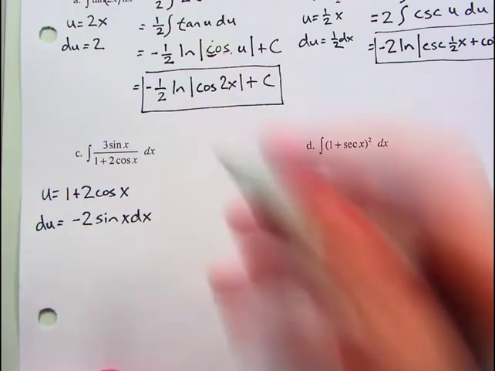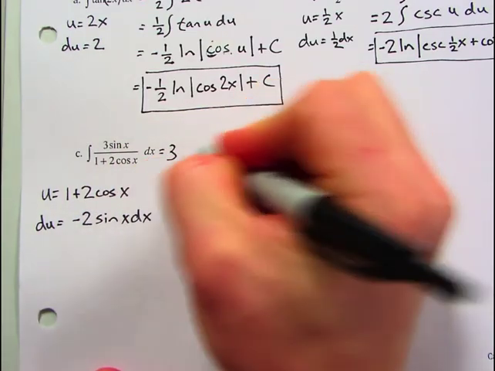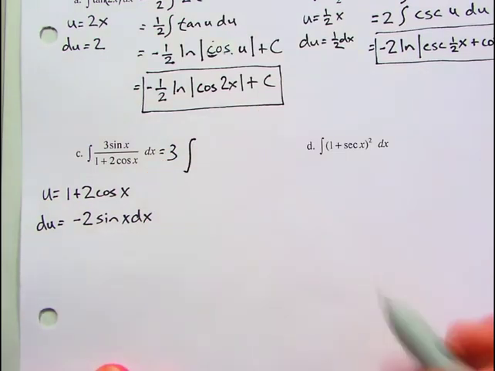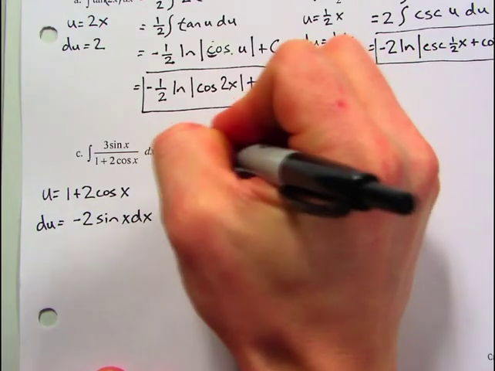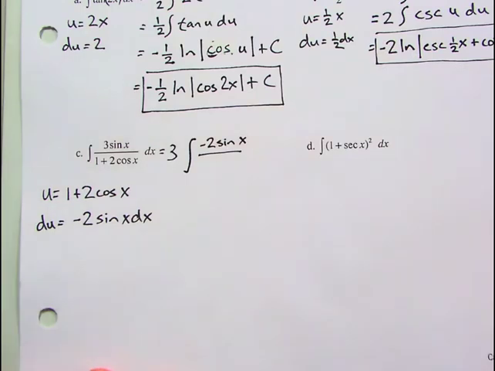So we're going to have to first pull out the 3. Okay, and we have to make sure it's a negative 2 sine x on top. So times by negative 1/2.